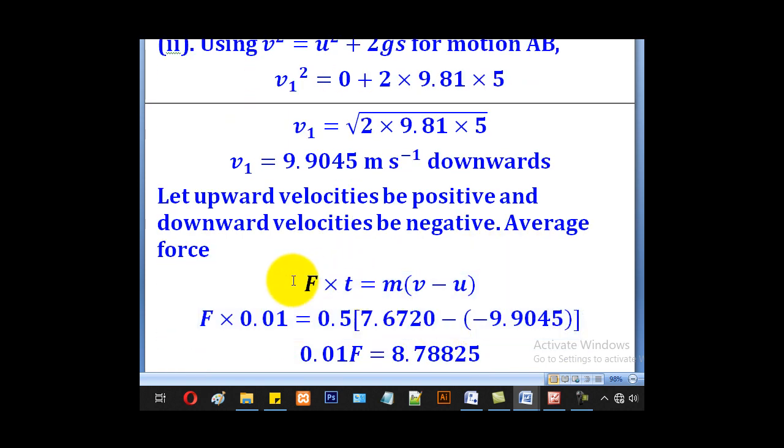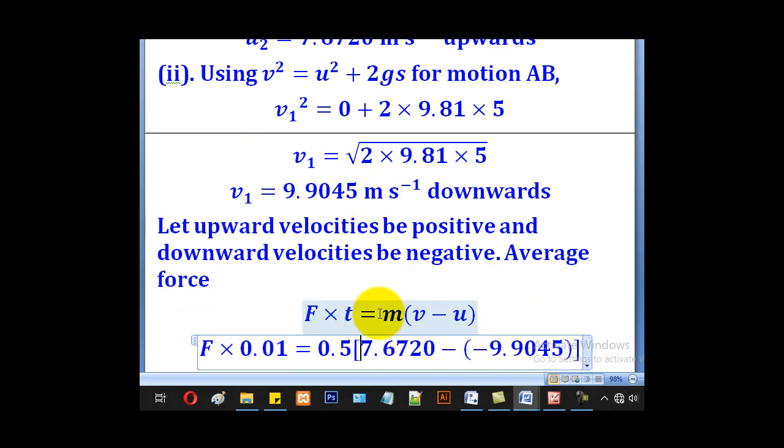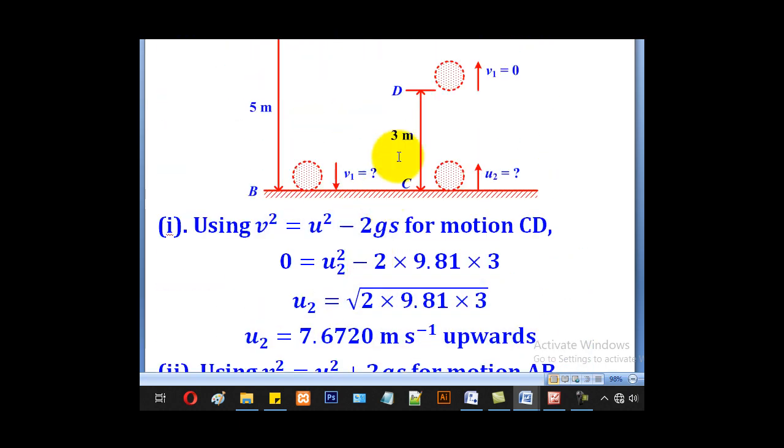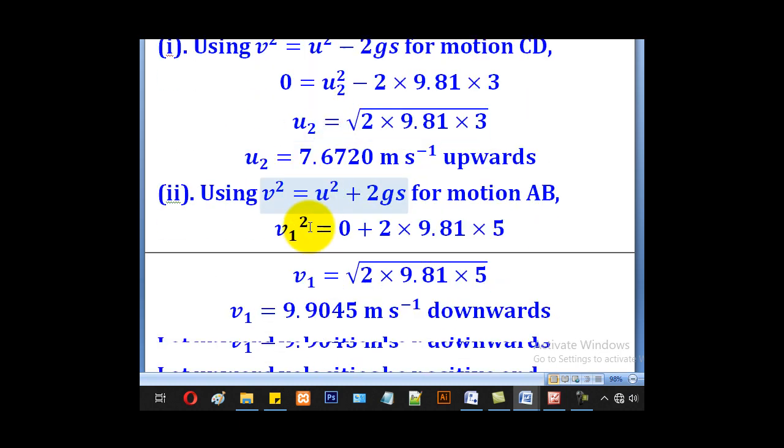So after that, we shall use the formula for impulse, which is force times time, and it's also given by a change in momentum. So this is the force which they want. Time was given as 0.01, and mass is 0.5 kilograms. Final velocity, now we are dealing with this period when it is rebounding. This will act as our final velocity and this will act as our initial velocity for the time.